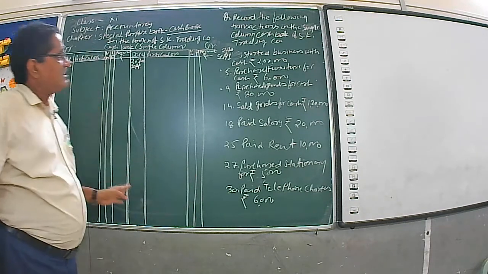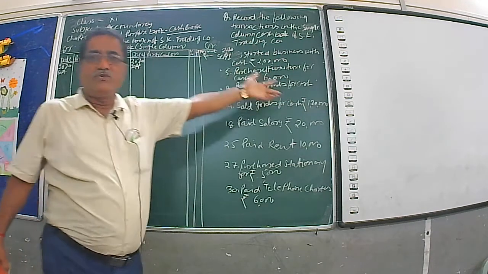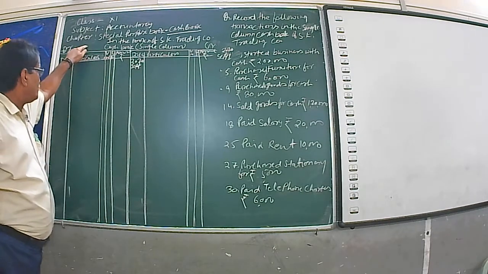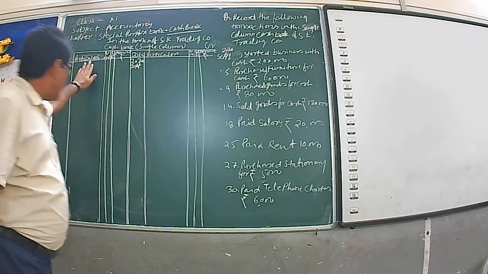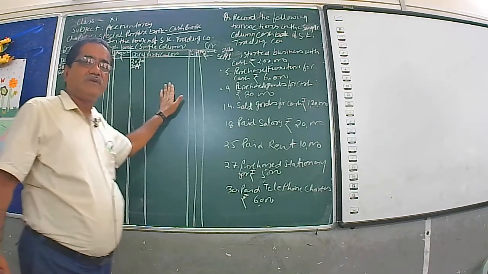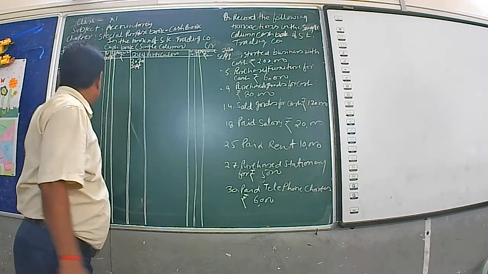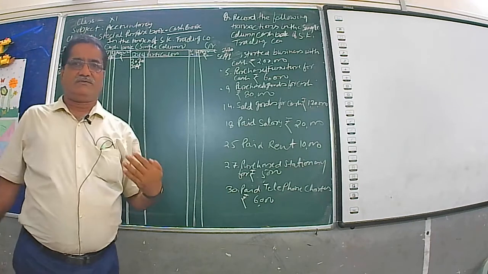So the money received by the business, when it is started by the owner, should be noted in the debit side, because I have told you that this is the receipt side and this is the payment side. If money comes into the business, it should be in the debit side. If money goes out from the business, it should be in the credit side.